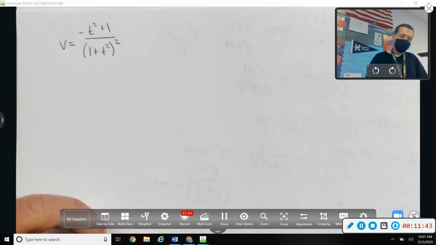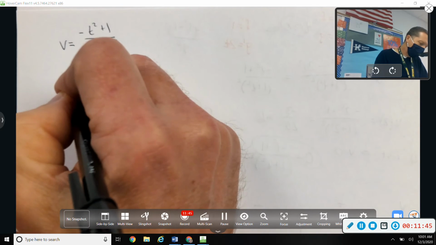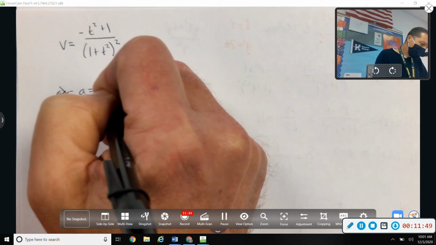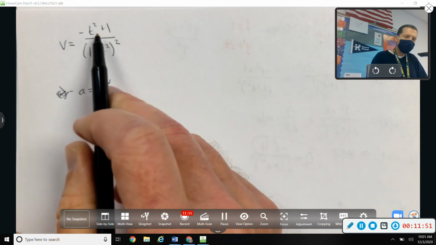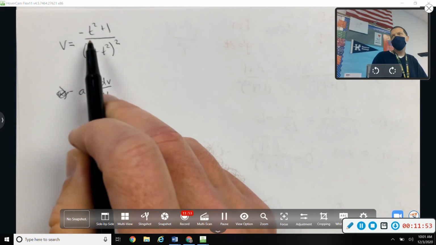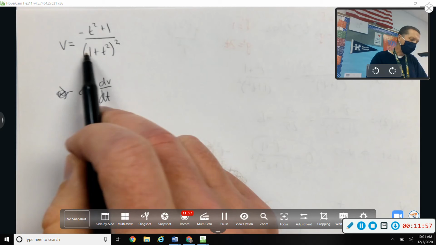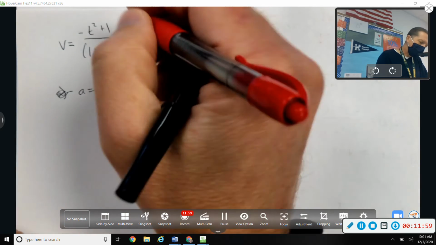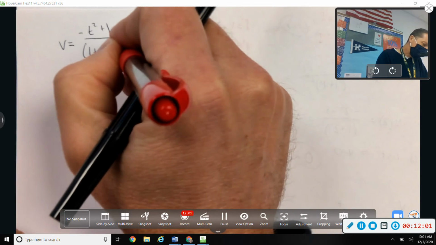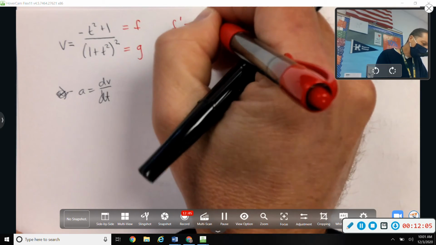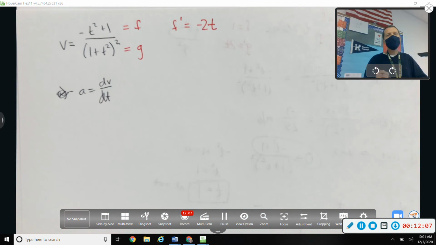So this is going to be a bit of a pain. Because I don't think there's any algebra I can do first to make this a little easier. I don't even think I want to square that out in the bottom. So quotient rule. Derivative of the top, negative 2t, that's not too bad.